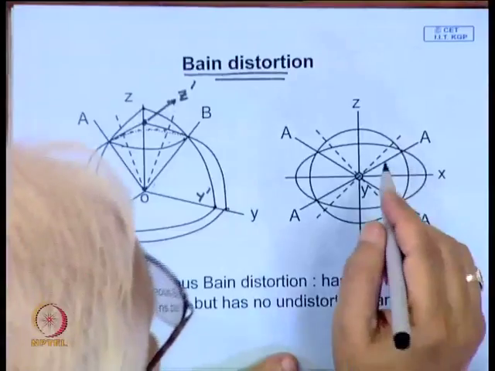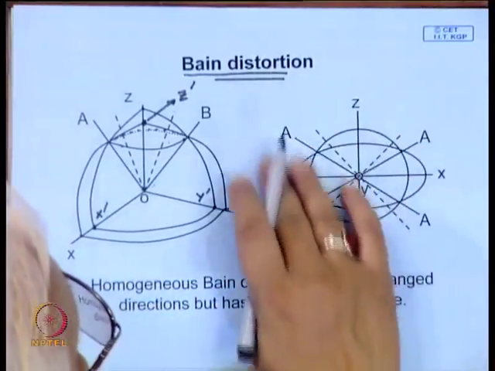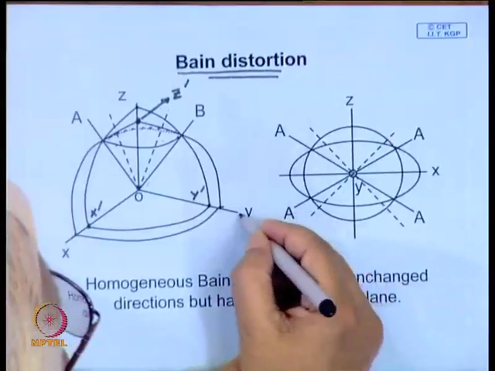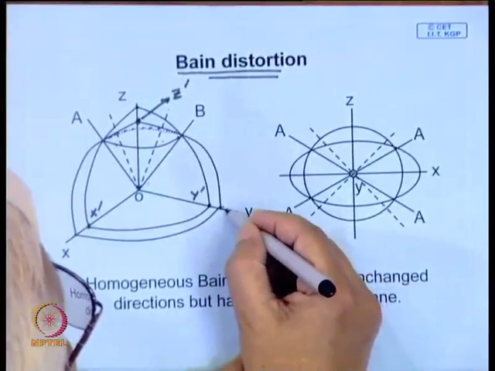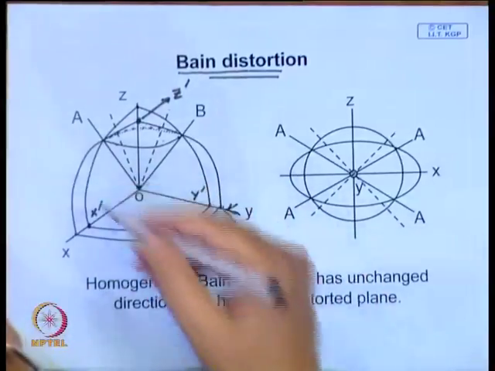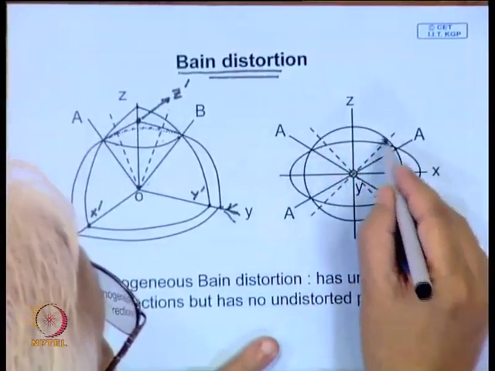Now, the question is whether there is a possibility. Look at the same thing; here we have drawn a projection, looking from this direction, along the y axis. In that case, this is the sphere which is undistorted.